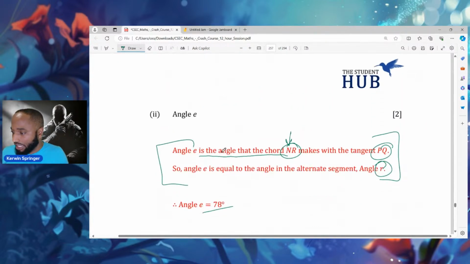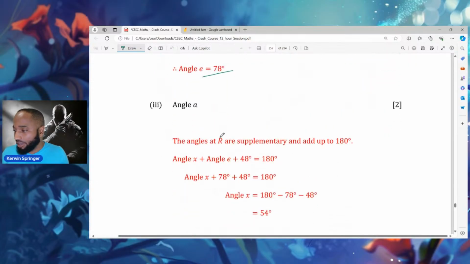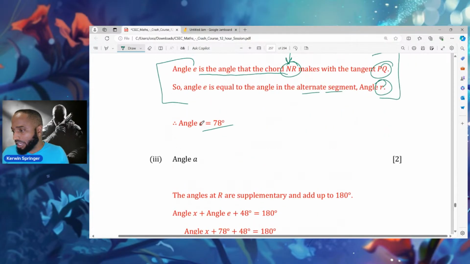Angle E is the angle that the chord NR makes with the tangent PQ. So angle E is equal to the angle in the alternate segment, angle R. One of the toughest theorems to remember and write out properly. So angle E is 78. Angle A, you all remember we found angle A.